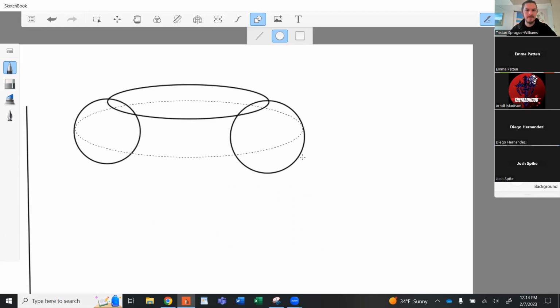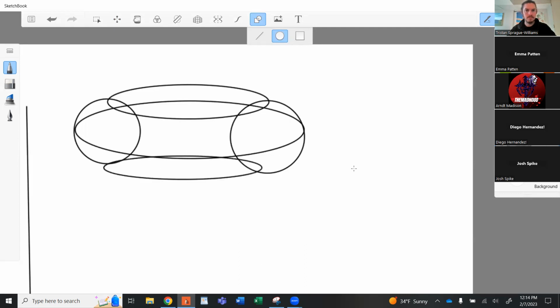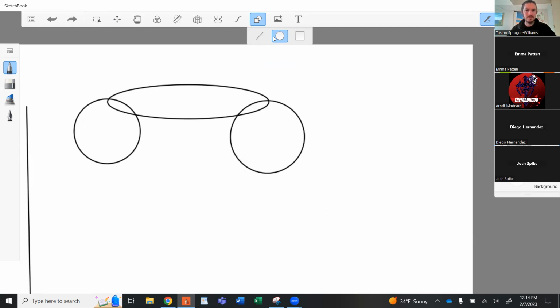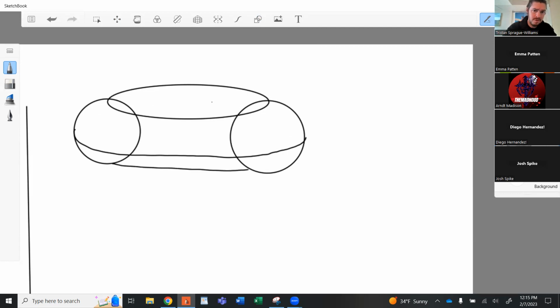Okay. Let me see if I can draw a donut here. Not a great picture of a donut. It's pretty good. This would come around like this, all right? And then you've got this hole in the middle, right?